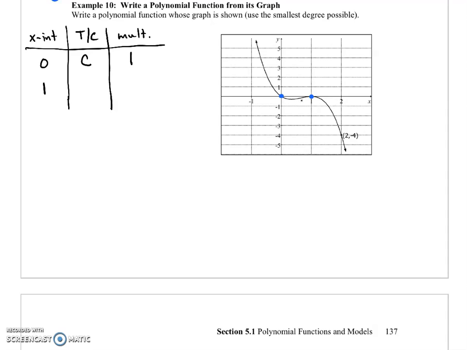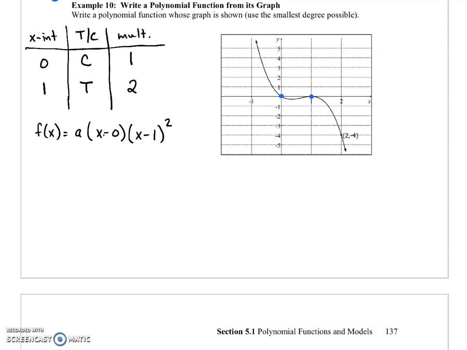It only touches the x-axis at 1, which means that's a multiplicity of 2. So our function looks like some constant that we'll have to find times x minus 0 with a multiplicity of 1 times x minus 1 with a multiplicity of 2.